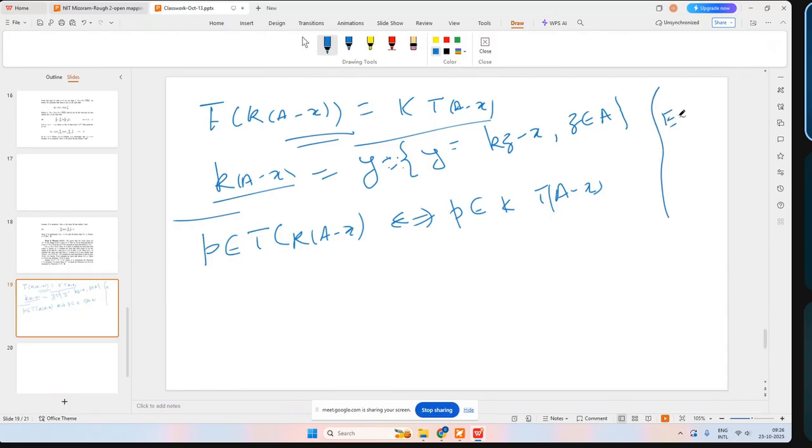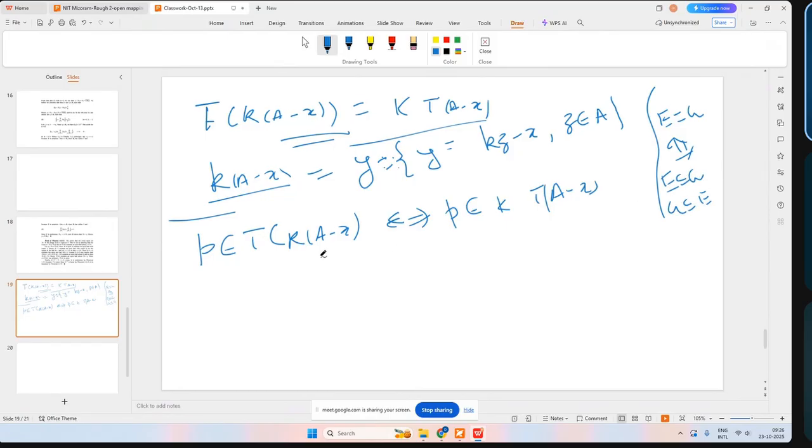A set E equals G if and only if E is contained in G and G is contained in E. This you have to show. So we have to show that P in K times T of A minus X implies that P is in T of K times A minus X. This is what you have to show.